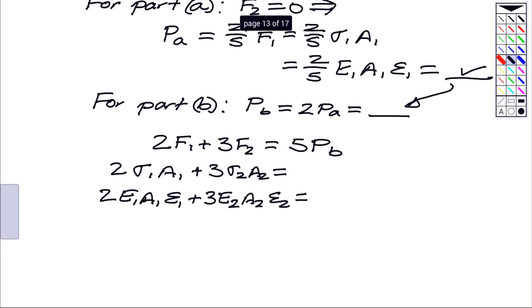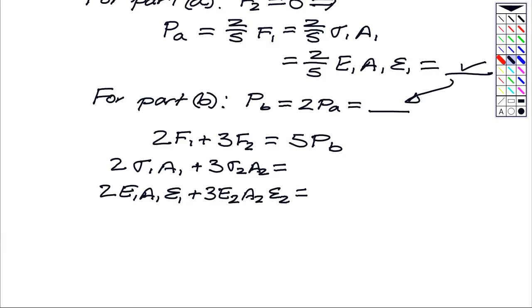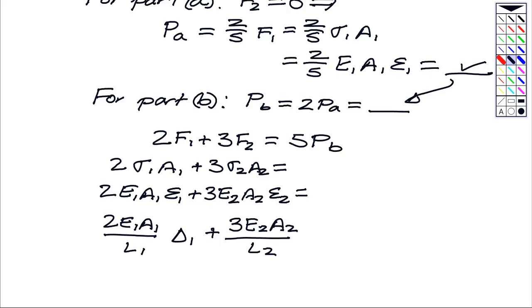And finally, we know the strain is equal to the delta divided by the length. So this becomes 2 E1 A1 divided by the length of segment 1 times delta 1. Same kind of thing for 2: 3 E2 A2 divided by length of 2 times delta 2 is therefore equal to 5 times the load PB.